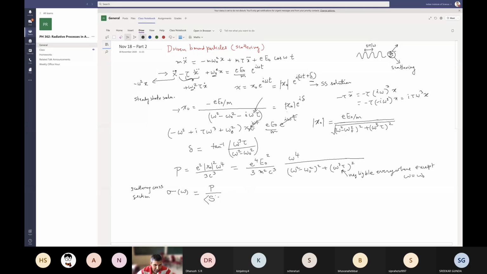The Poynting flux of this incident wave, S, is equal to c by 8 pi E naught squared. So if we just divide this by this Poynting flux, what do we get?